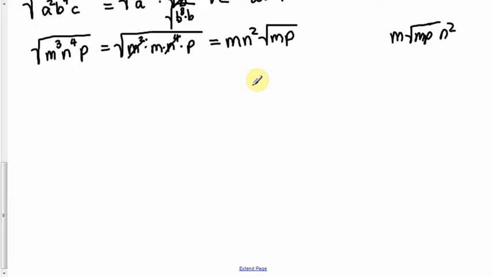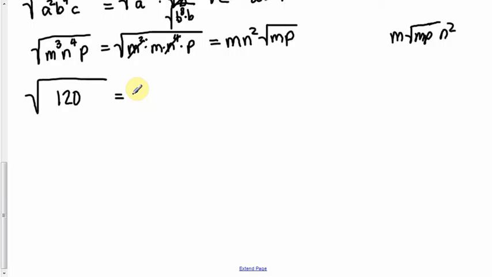All right. You can use the same process for numbers. So if I wanted to do the square root of 120, and 120 is not a perfect square, but I want to write my answer in simplified radical form, then I have to think about breaking 120 down into something that is square rootable.